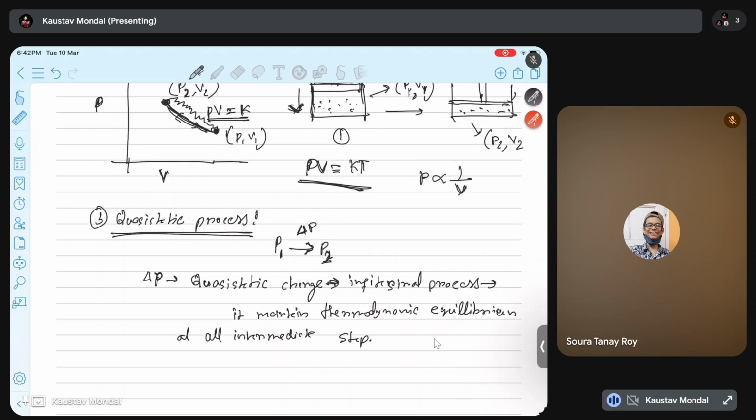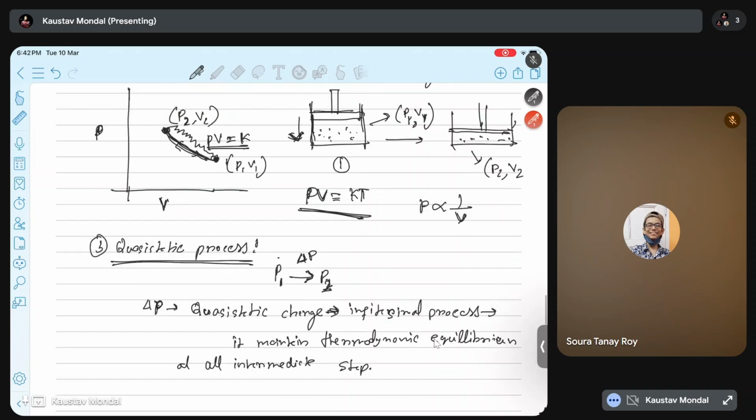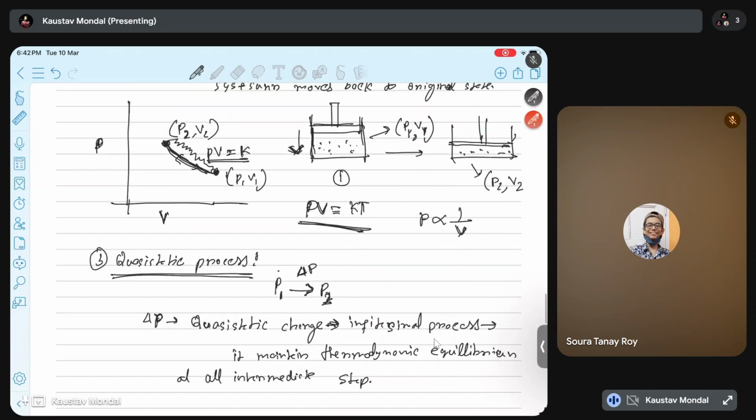So if P1 is in thermodynamic equilibrium, and you do any change delta P, that is a quasi-static process. So in that case, P2 will also be in thermodynamic equilibrium. This is also a concept.